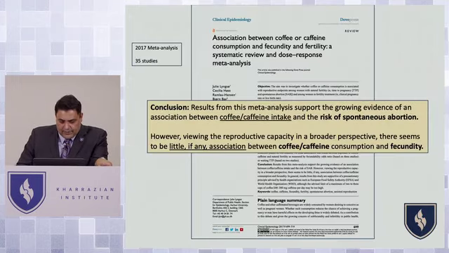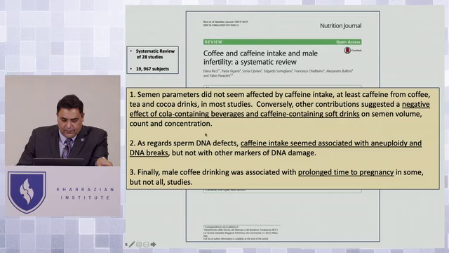Now, when you look at males, this is another systematic review of 28 studies with 9,967 subjects in this composite analysis. They found that semen parameters did not seem affected by caffeine intake, at least caffeine from coffee, tea, and cocoa drinks in most studies.